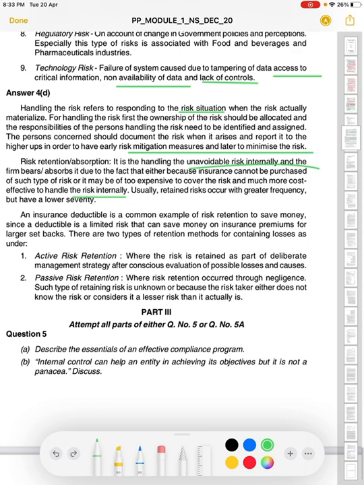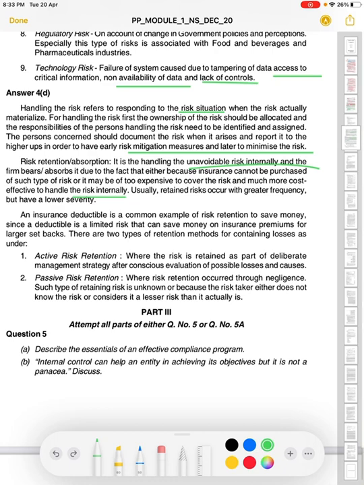This line we can ignore. In insurance, a deductible is a common example of risk retention to save money, since a deductible is a limited risk that can save money on insurance premium for larger setbacks. There are two types of retention method for containing losses. We know the active risk retention and passive risk retention.